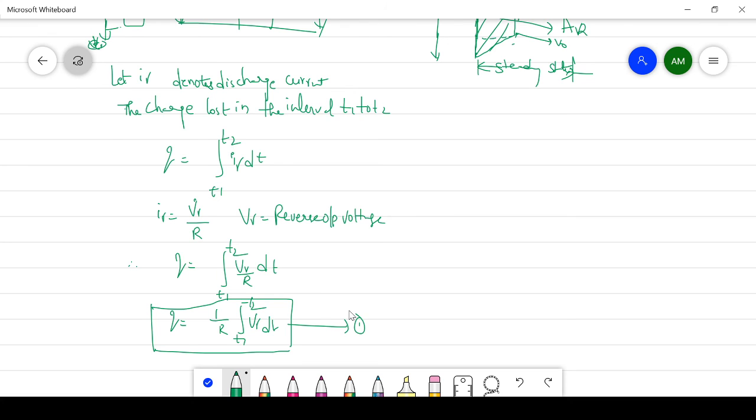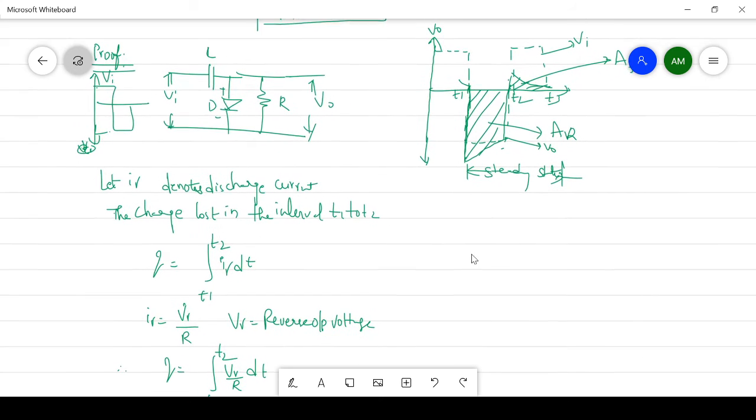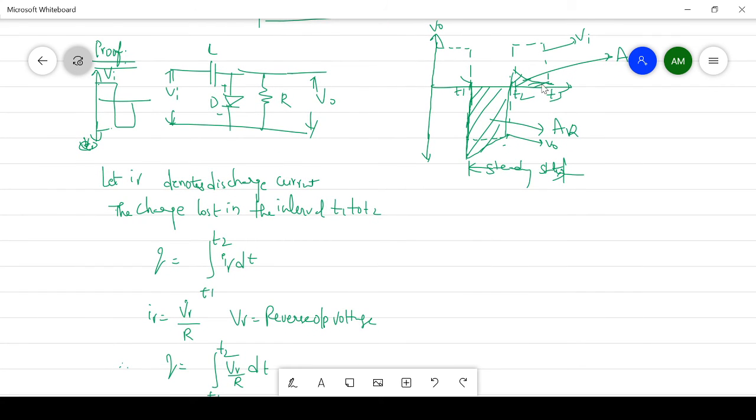Next, in the interval T2 to T3, the diode is on, hence the capacitor charges and regains the lost charge.